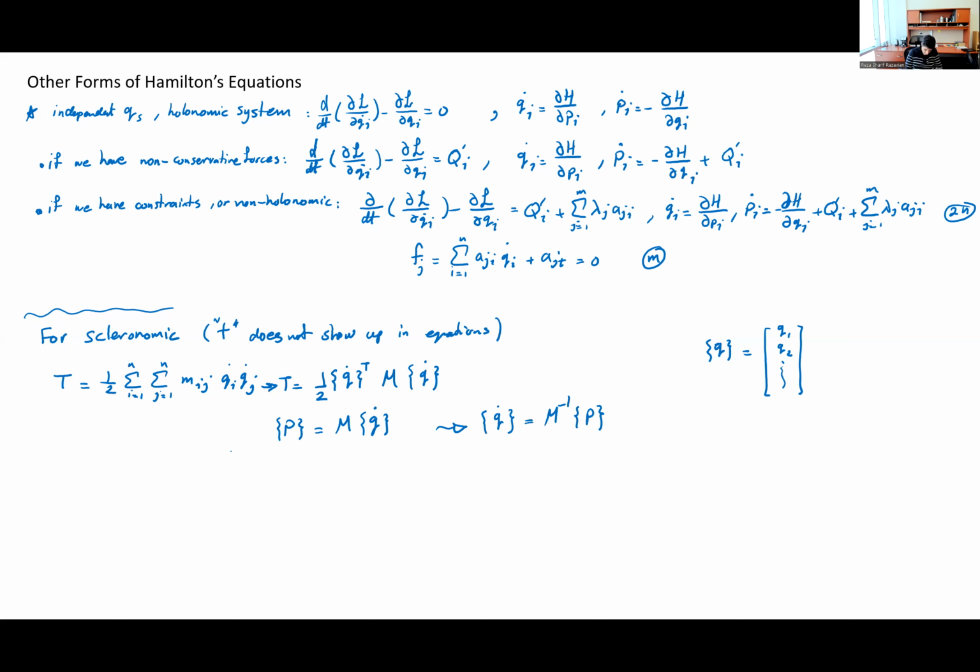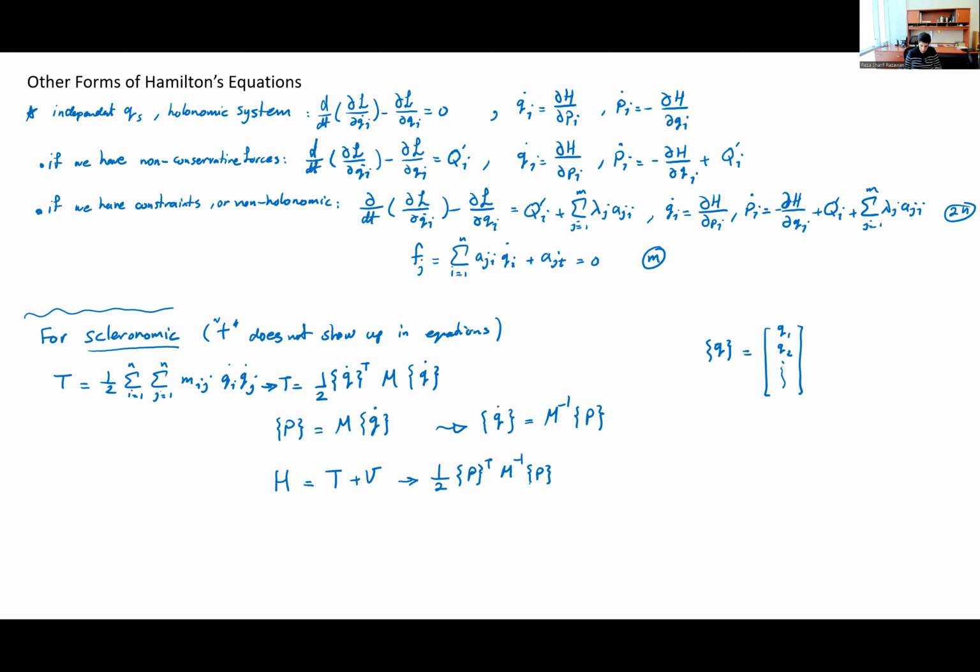And finally, for these systems, we just saw that the Hamiltonian is the total mechanical energy of the system, so T plus V. If you write q dot as M inverse p and plug it into the definition of T, it's going to be one half p transpose M inverse p.